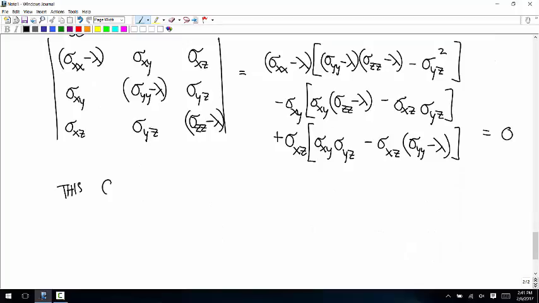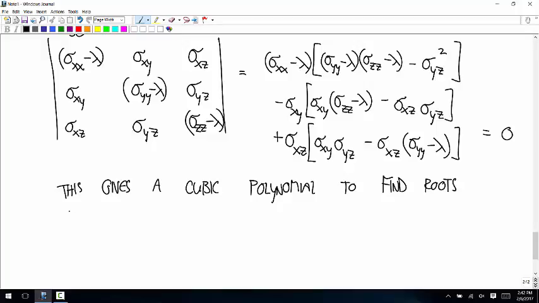This gives a cubic polynomial to find the roots of. So you can use a root finding algorithm. Your calculator will find the roots of polynomials.